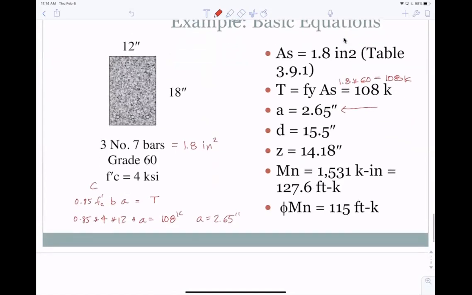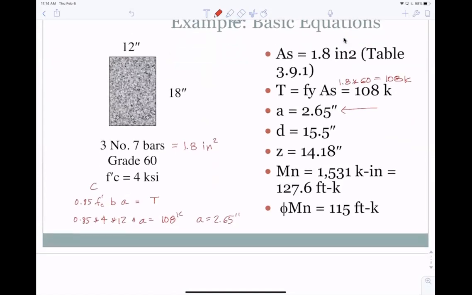Solve for a equals 2.65 inches. Okay. d, oh, we have to talk about this. If it's 18 inches from the top to the bottom, the middle of the steel from the bottom is about 2.5 inches. So 18 minus 2.5 is 15.5 inches.